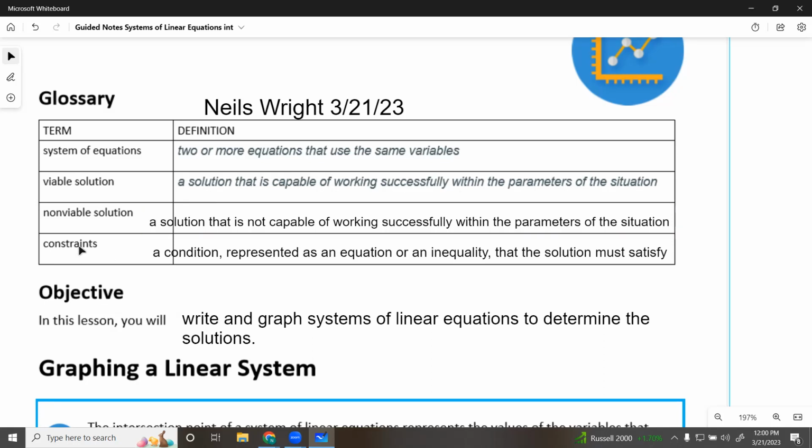Constraints are the conditions, represented as an equation or an equality, that the solution must satisfy, as in the number of P's and the number of Q's must equal this number, or it must meet this value of the coins, like $101.57 from the tutorial.